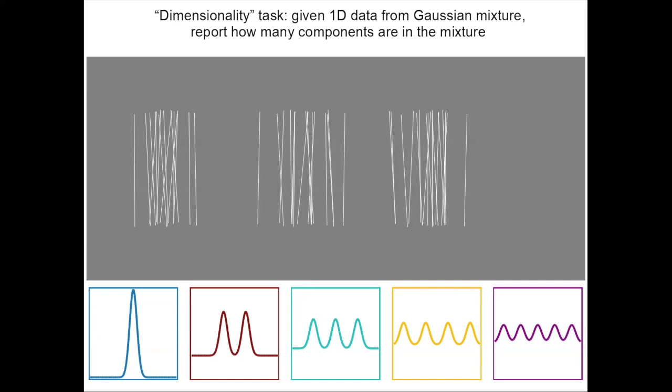The distribution of the means is uniform independently for each mean, but the distribution of the distances, I think, is not going to be uniform. The variance in each component is fixed, and the proportions are equal.